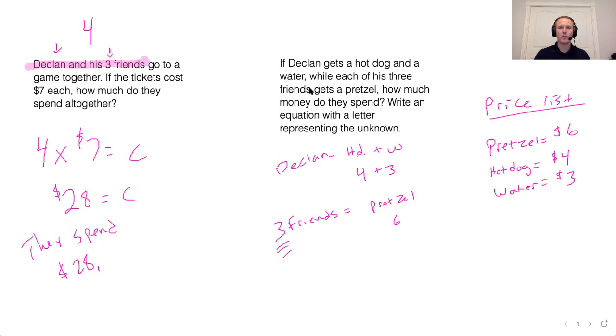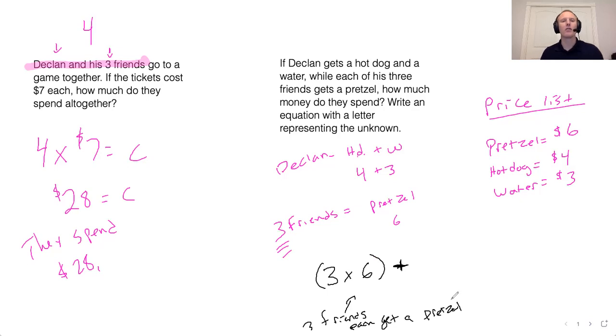So when we go to do this, I'll switch to black for this part. We have 3 friends, each getting a pretzel. 3 times 6. Plus, so this is all 3 friends each get a pretzel.